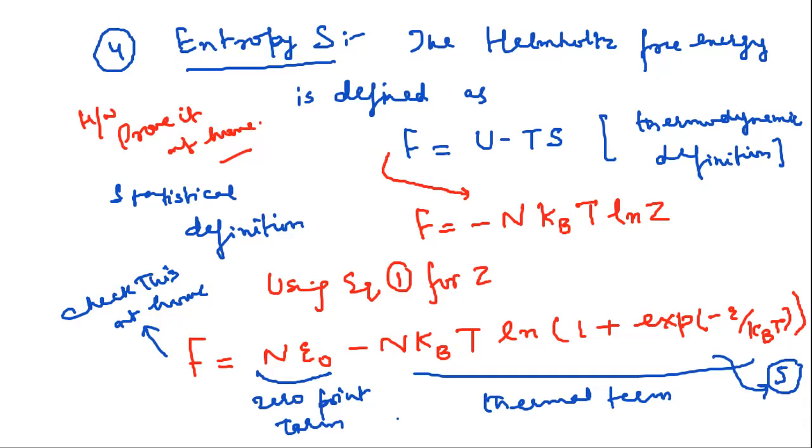We have an expression: entropy is equal to minus times the derivative of the Helmholtz free energy with temperature, treating V and N as constant.